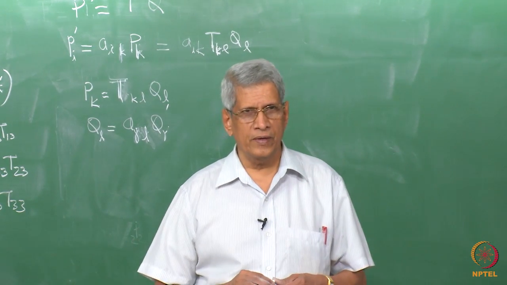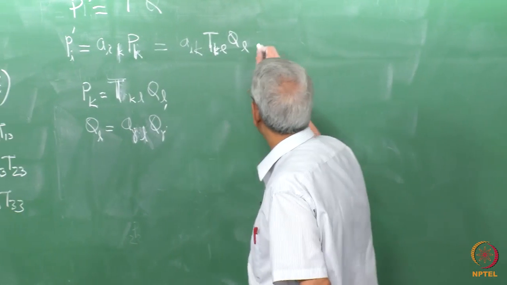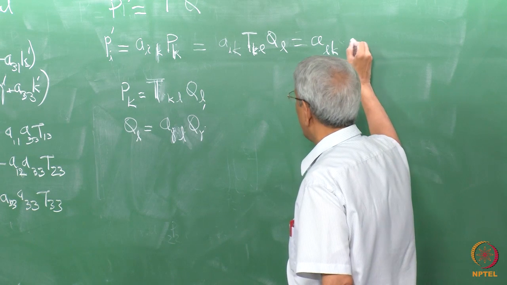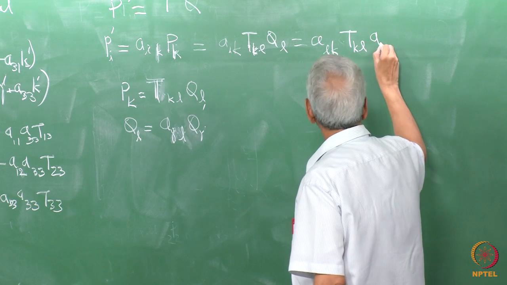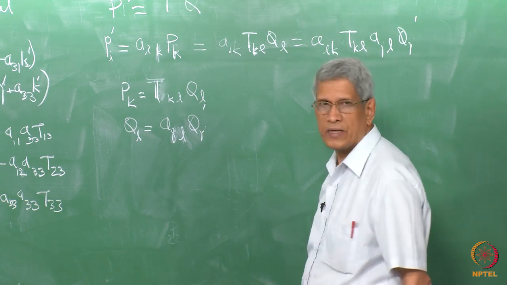Now, we substitute for this, then this expression becomes AIK, TKL, AJL, QJ dash, right.